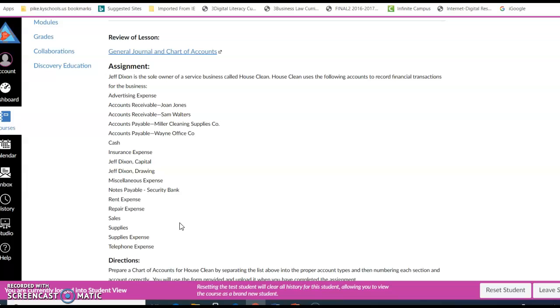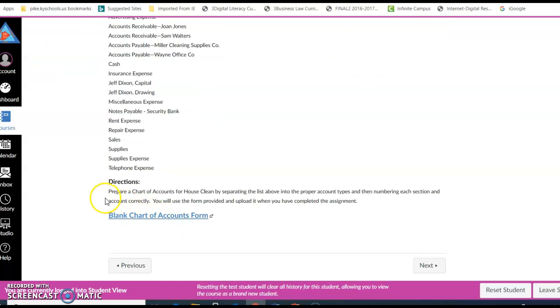and you're going to be preparing your own chart of accounts for House Clean. Now remember, you've got to arrange them in assets, liabilities, capital, revenue, and expense accounts, and you have to give them a number. So your directions are to prepare a chart of accounts for House Clean by separating the list into the proper account types and then numbering each section and account correctly.